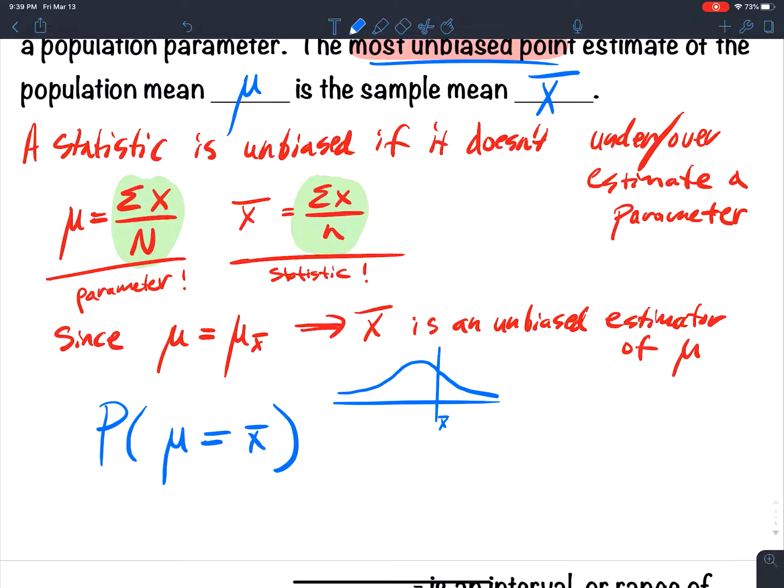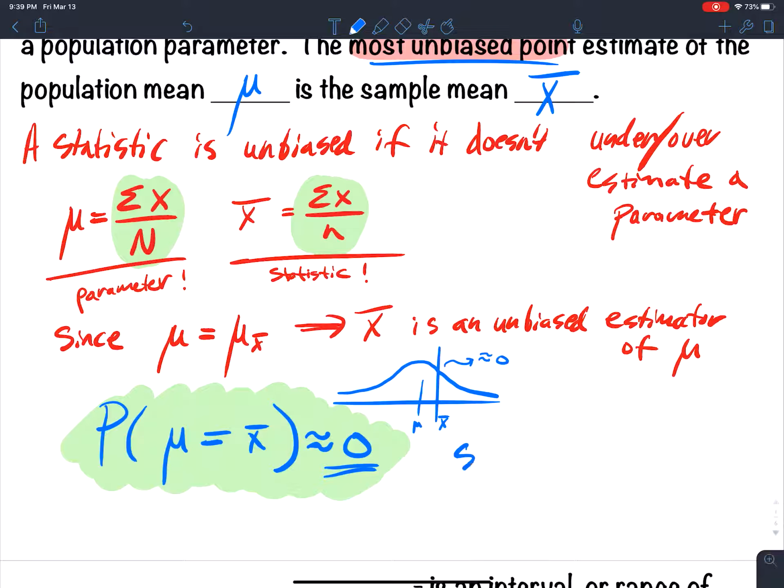The area under the curve at the single point is equal to 0. So the probability is roughly 0. Yikes. So the point estimate, basically what it's saying is if you try to guess exactly what the true average is, you've got almost no chance of guessing exactly what the average is.